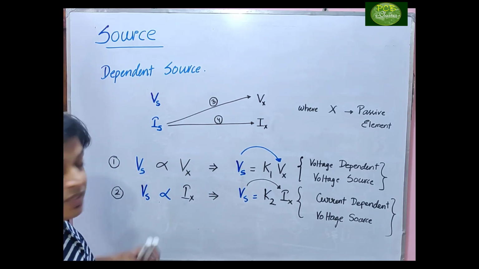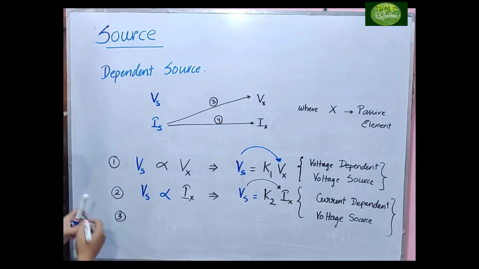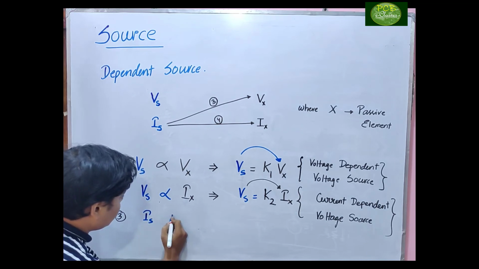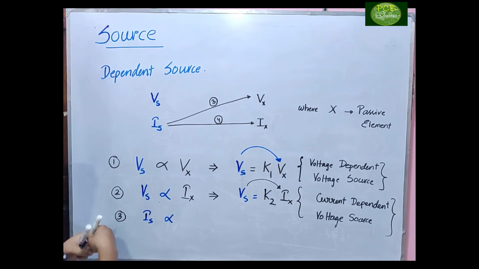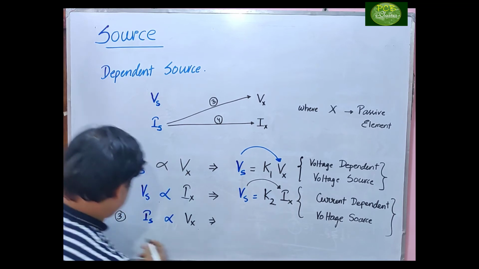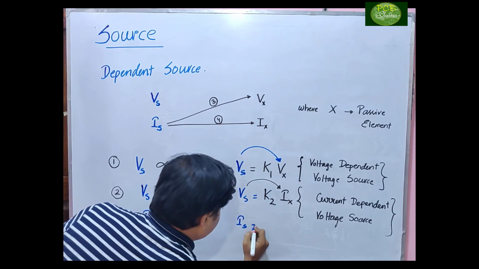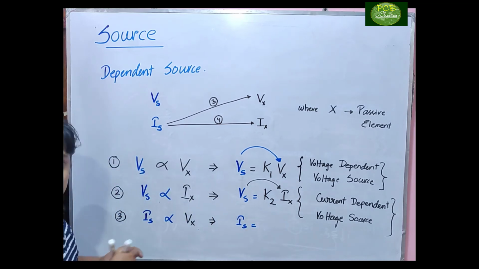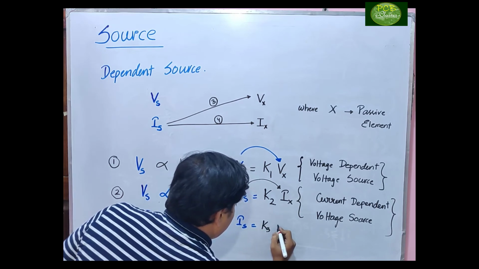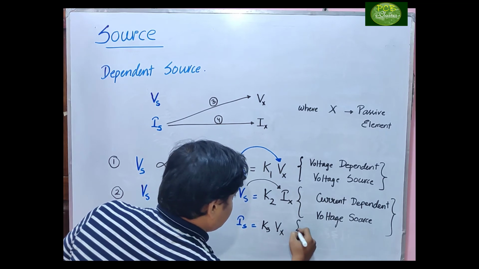So, you will see the third case. What does it say? The third says that Is is proportional to Vx. This implies Is will be equal to some constant of proportionality, that will be K3, times Vx.